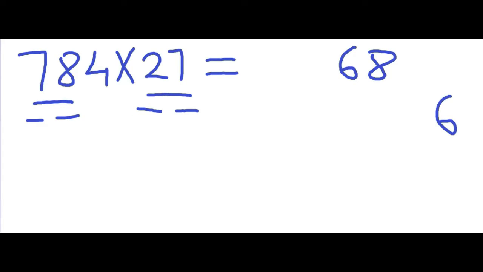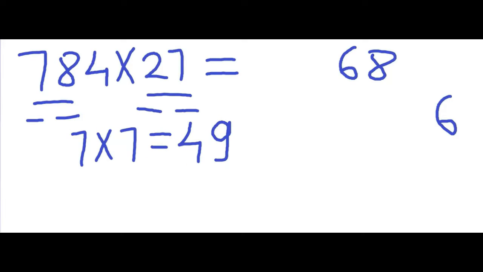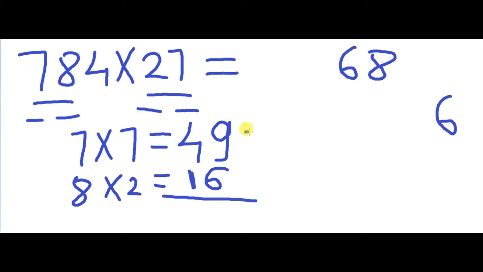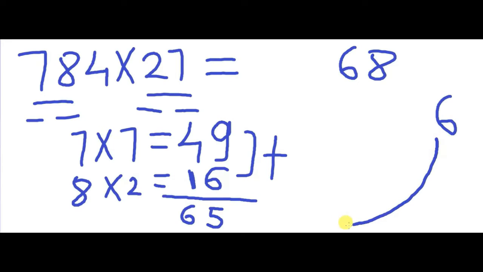So 7 into 7 is 49 and 8 into 2 is 16, and take addition of these two numbers, it's 65, and add the carry from the previous step.